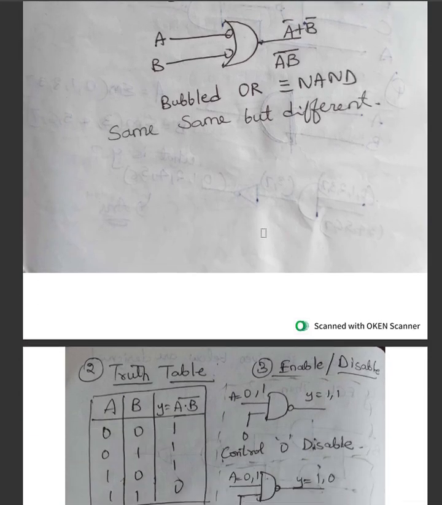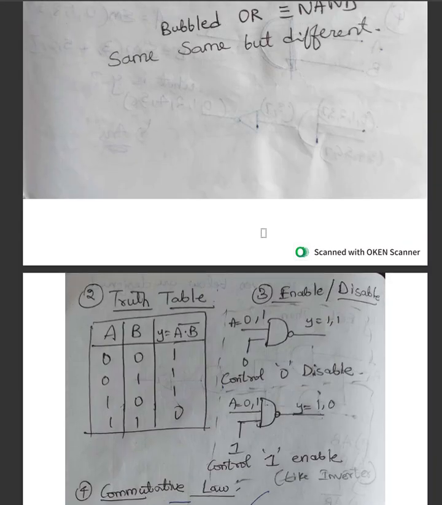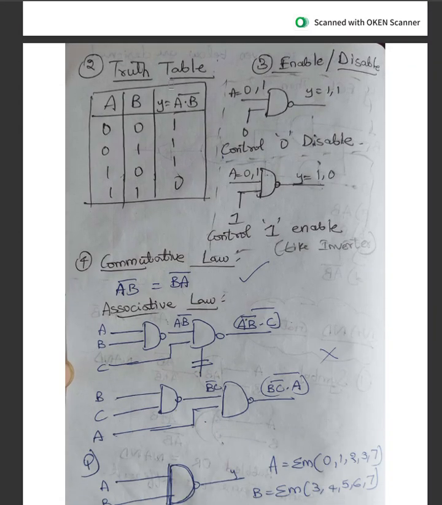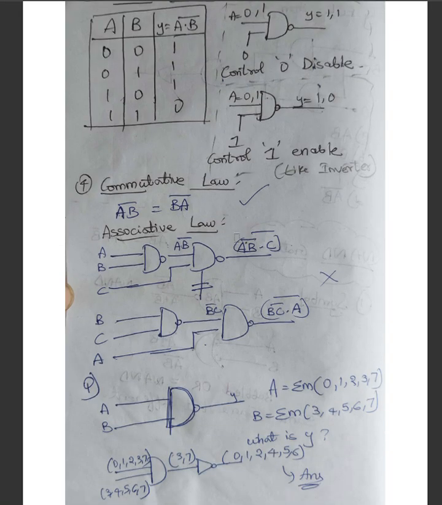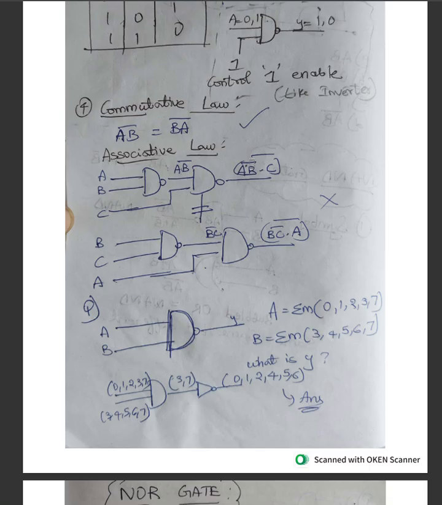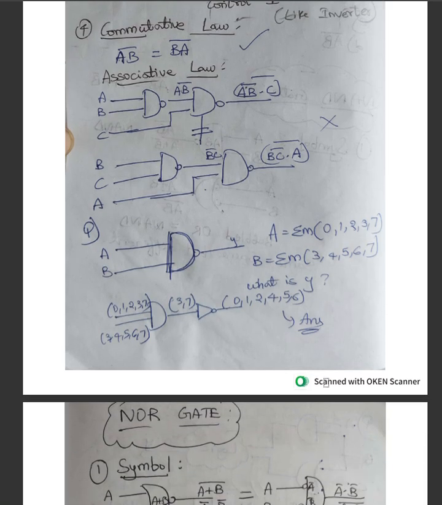They both are the same. It's same but different, that meme, you know that, right? Then we have the truth table, which is simply the inverse of that. And then you have enable and disable, commutative law and associative law. It follows commutative law but not associative law. So here the same principle is followed, but the opposite of that.